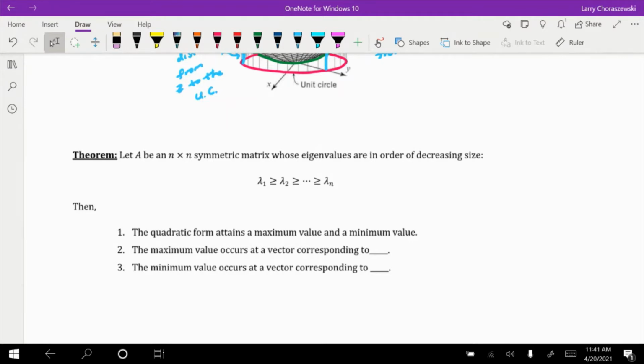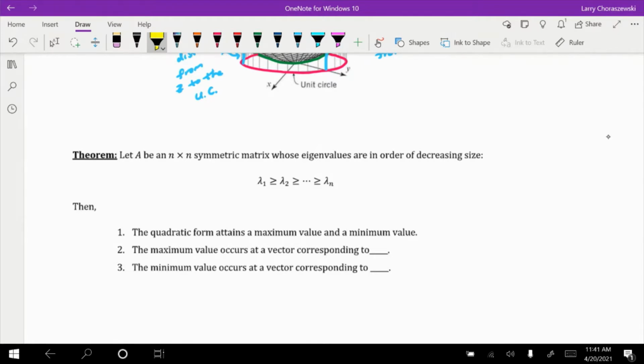And so we'll be working with symmetric matrices again. And what's really cool about this section is that the eigenvalues of the symmetric matrix actually give way to these minimum and maximum values.